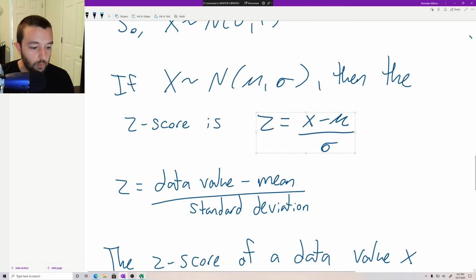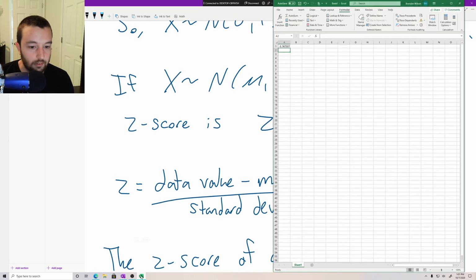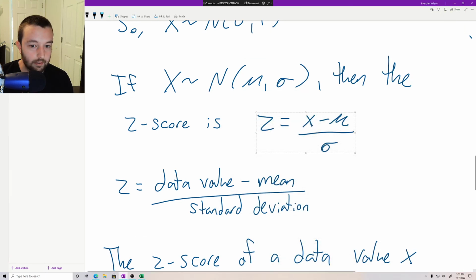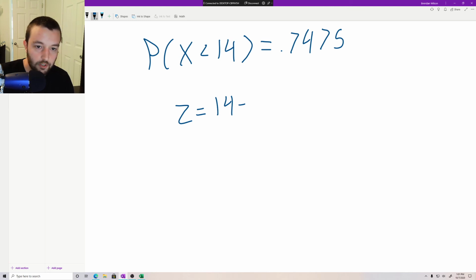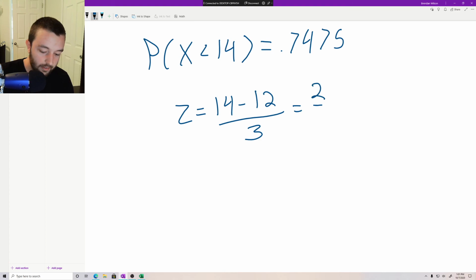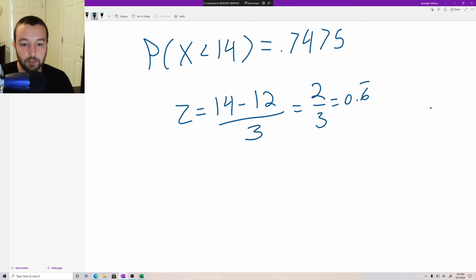So what we want to do is take our value and find the z-score. Okay, so let's go back and take our 14, right? And we're going to do minus the mean divided by the standard deviation. Okay, so it's going to be 2/3 or 0.67 if you want to use decimals. We should use decimals, okay, because we're going to have to use that table, and that table has decimals.